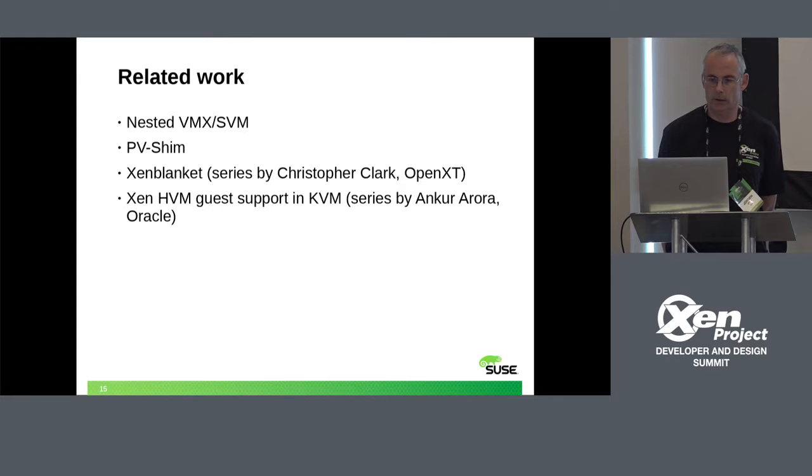I talked him into reworking his series, doing a more abstract approach, so introducing a kind of Xen host pointer to each call in the backends for being able to differentiate between the underlying implementation, and this will make it much easier to support nested Xen as well, because then just the underlying abstraction layer could decide whether to talk directly to the hypervisor to use a pass-through hypercall or to talk to KVM host.